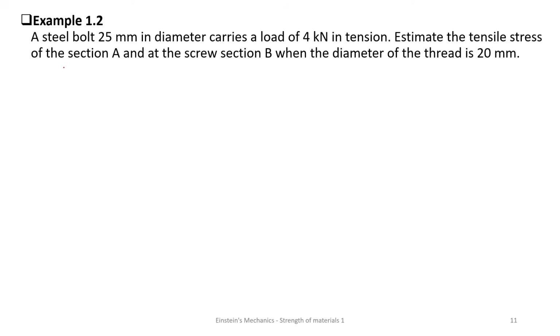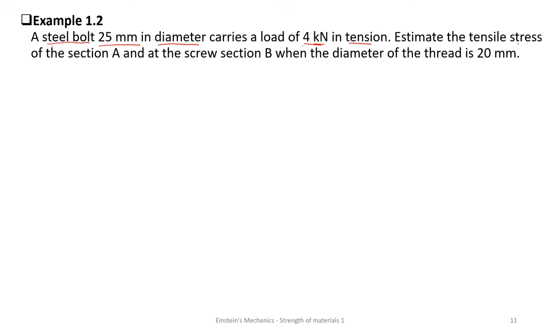Example 2. A steel bolt 25 millimeters in diameter, remember the diameter, carries a load of 4 kilonewtons in tension.